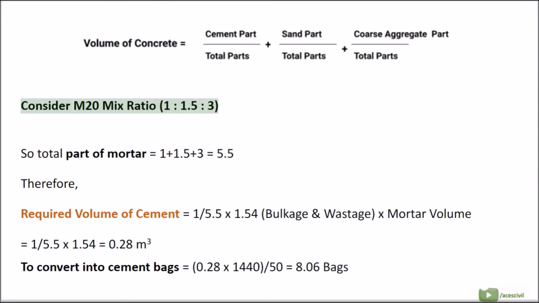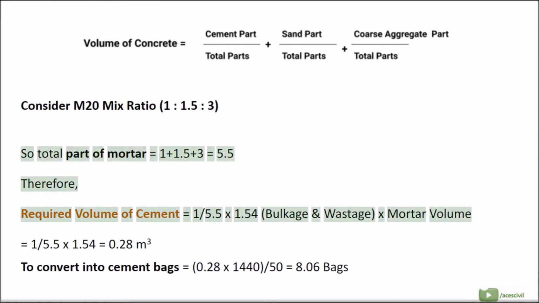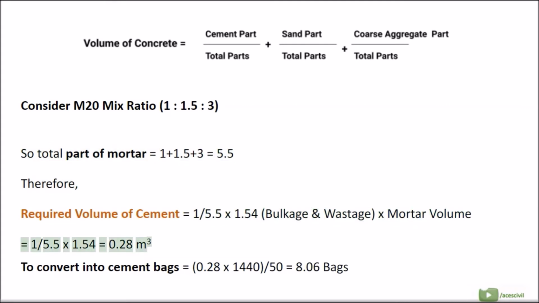Consider M20 mix ratio, 1:1.5:3. So total parts of mortar equals 1 plus 1.5 plus 3 equals 5.5. Therefore, required volume of cement equals 1/5.5 x 1.54 (bulkage and wastage) x mortar volume, equals 1/5.5 x 1.54 equals 0.28 m3.